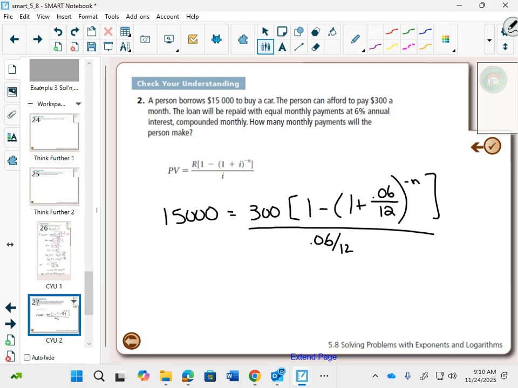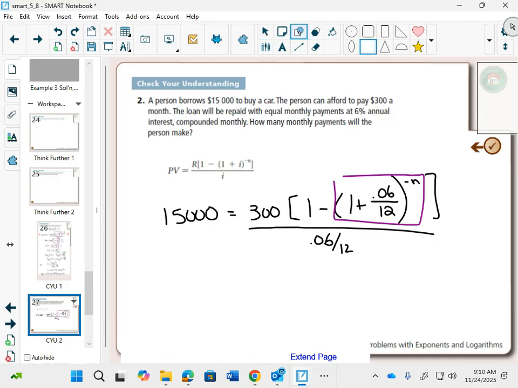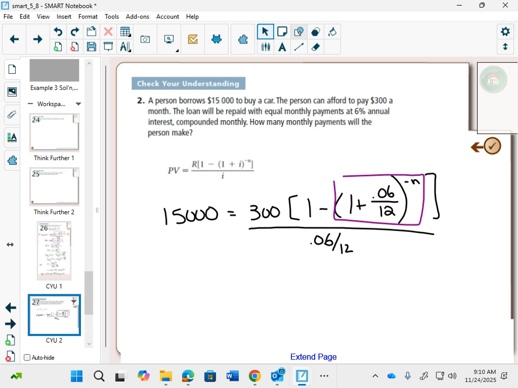So we set up our equation. We're solving for n. N is in the exponent. And once again, I'm going to take my purple pen out and put a box around that exponent. So we have to do some preliminary math, rearranging to get that part by itself.